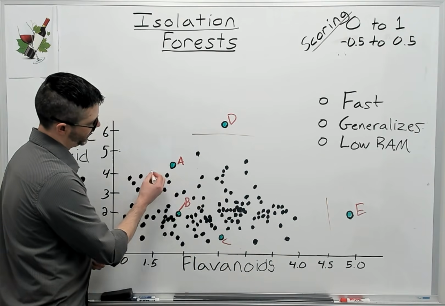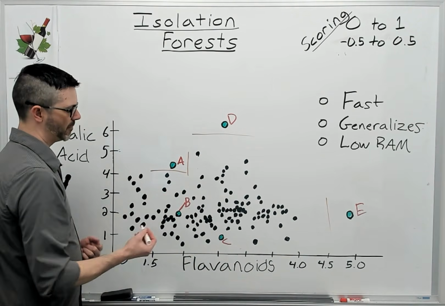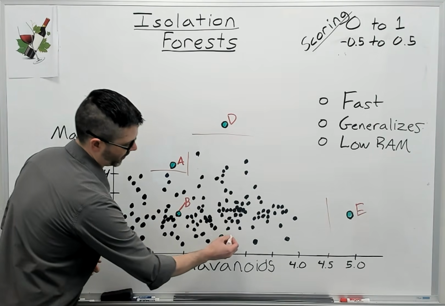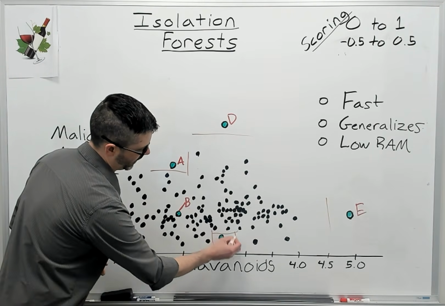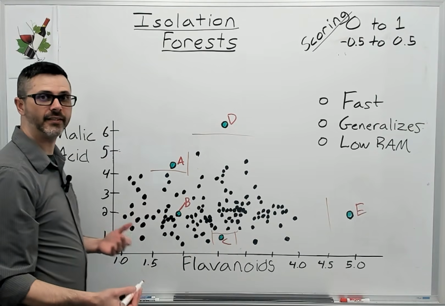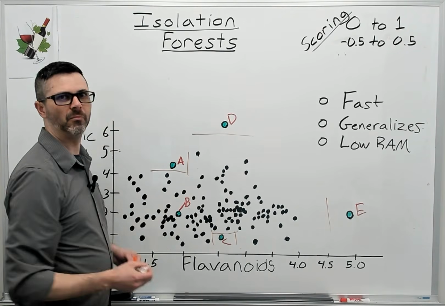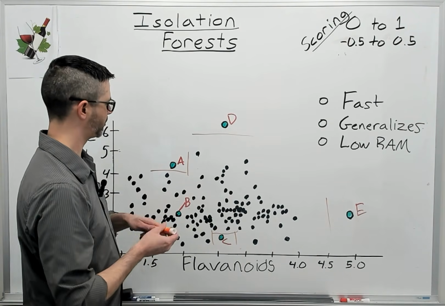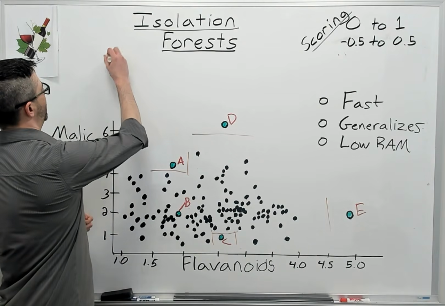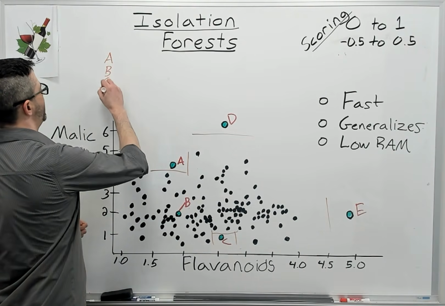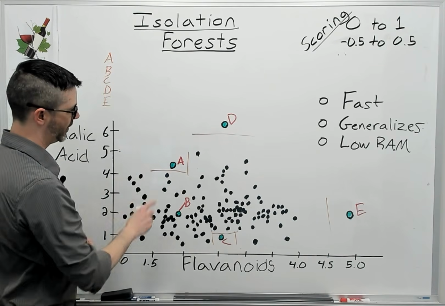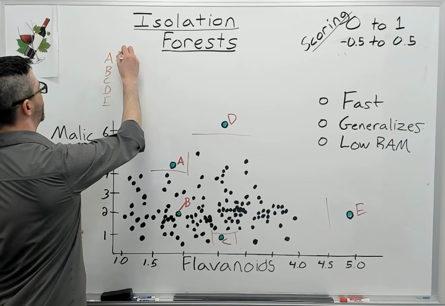Now, another example is A in the middle here. It takes a minimum of 2 cuts. And then similarly for C, I have to make 3 cuts to completely separate it from all the data. And then B over here, it takes 4. I have to completely box it in to separate it. So if we actually write these out, I have A, B, C, D, and E. A takes 2.